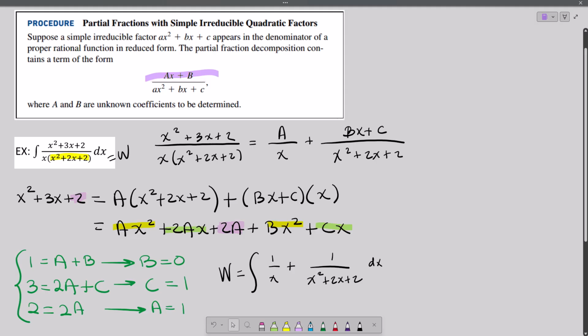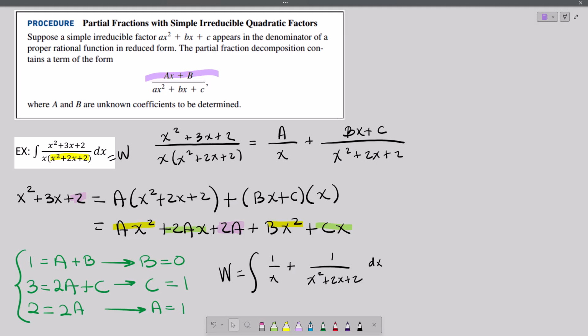So that's the new rule: if we have an irreducible quadratic, so if we have a quadratic that's not factorable, then the numerator has to be a general linear expression. So ax plus b, bx plus c, cx plus d.